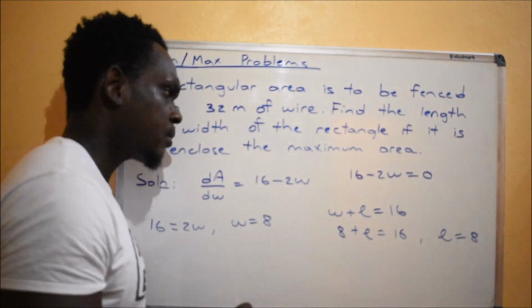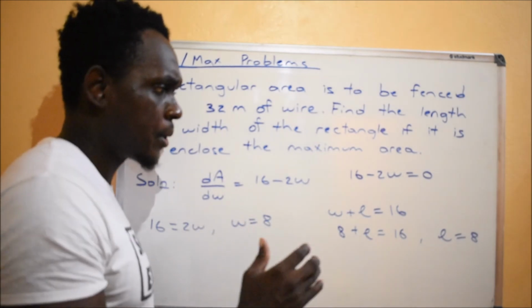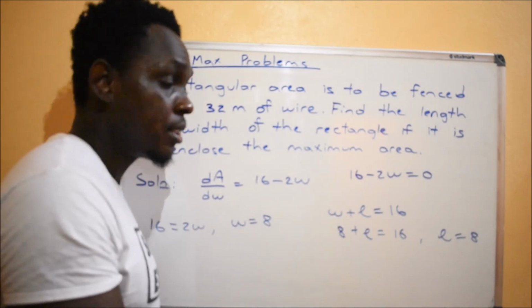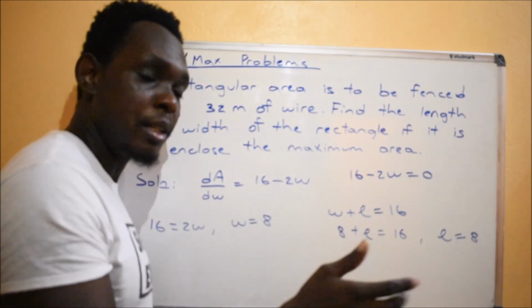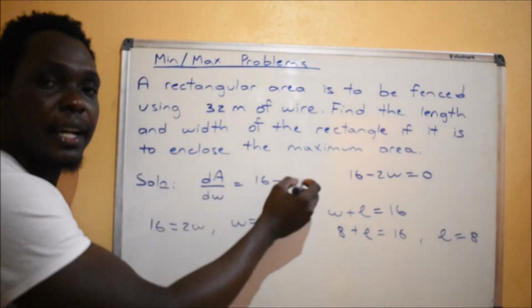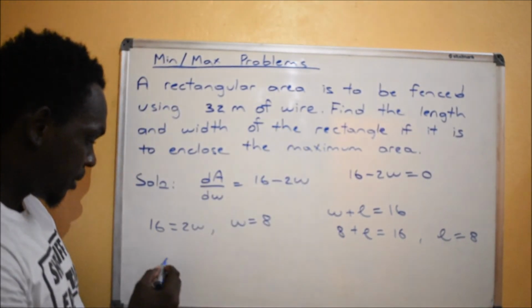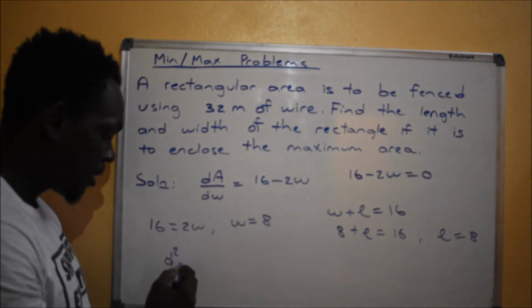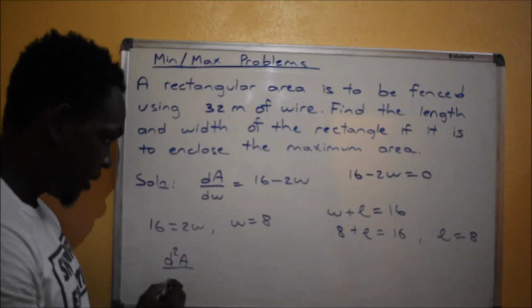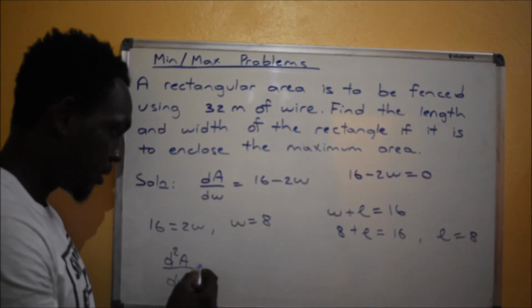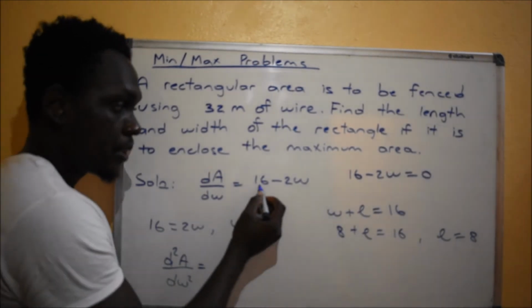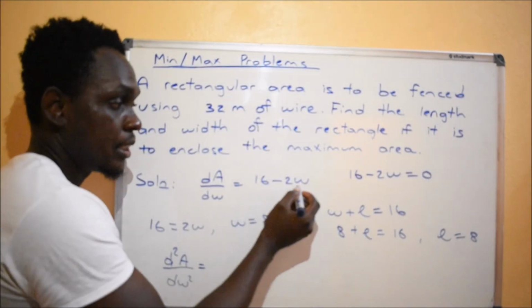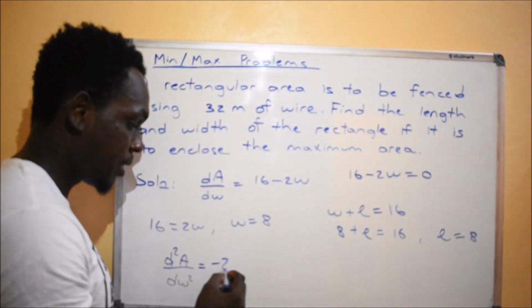Now, how are we sure that this is the maximum area and not the minimum? We can find the second derivative. So d squared A by dW squared is equal to, differentiating 16, that's 0, and differentiating minus 2W, that's minus 2.